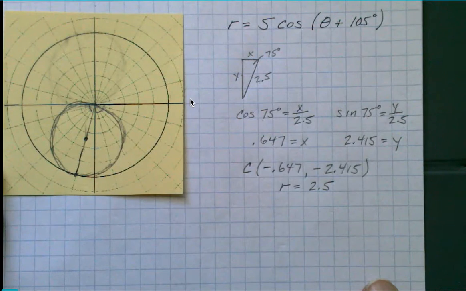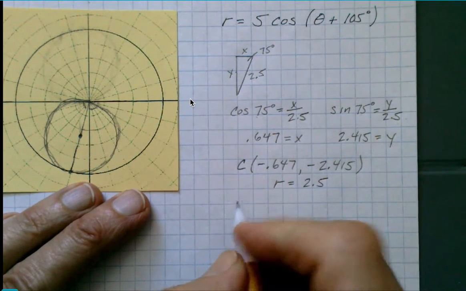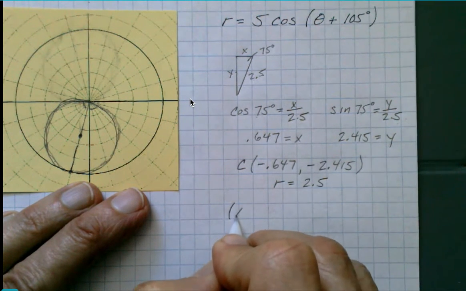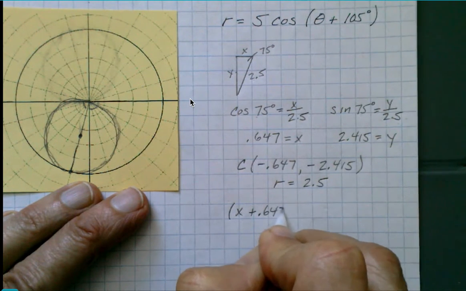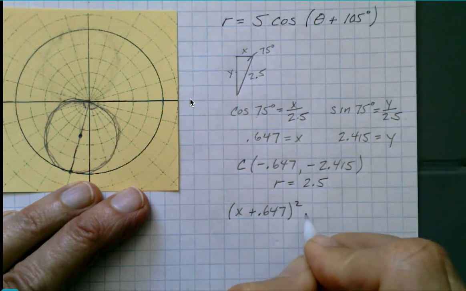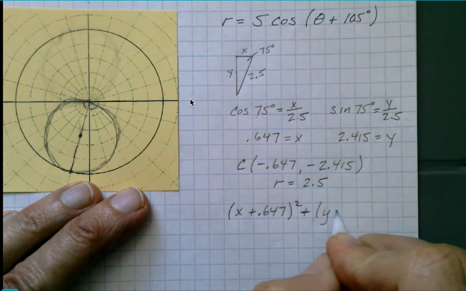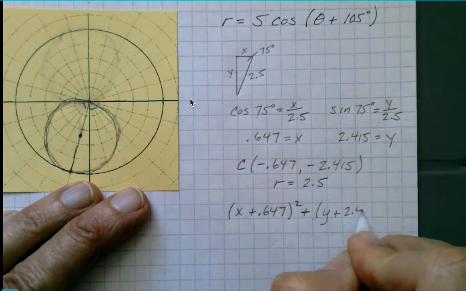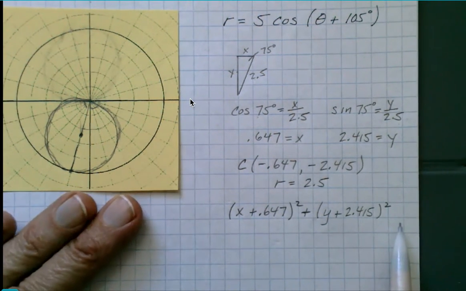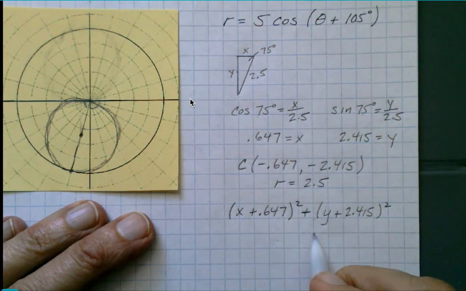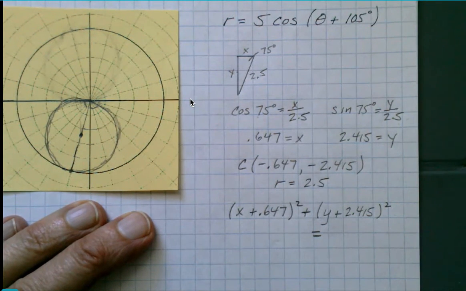So meaning we could start to design the equation for this circle in a Cartesian sense. We could say, all right, well, x plus 0.647 squared plus, and then y plus 2.415 squared, and I've run out of room here, so I'll just put it right down here, equals 2.5 squared.